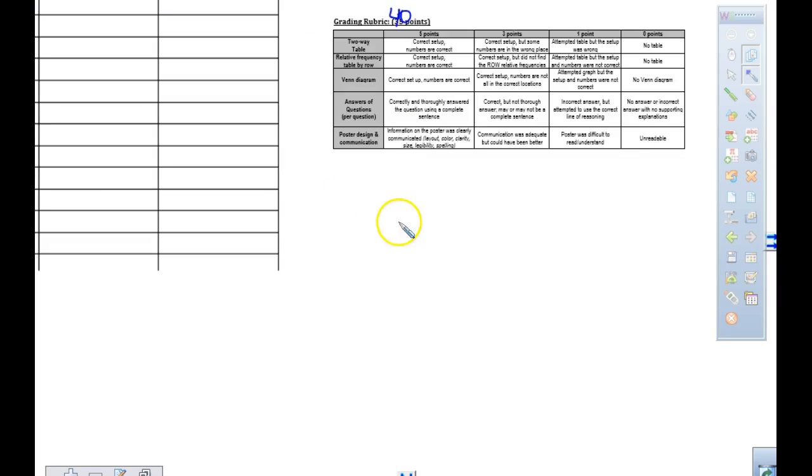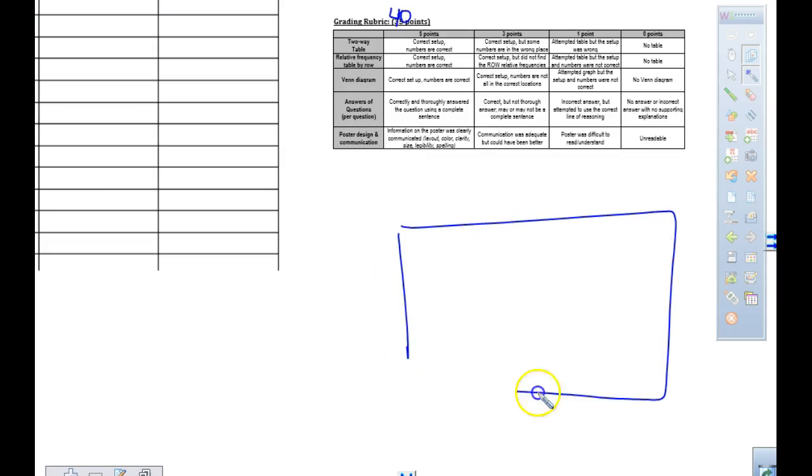Your poster design says the information is clearly communicated. When I talk about your poster, I'm going to kind of give you an idea on that piece of paper that tomorrow I'll have up, but on that piece of copy paper, you're going to have your 2 questions. You're going to maybe say, is there a relationship between orchestra and foreign language? That would be my question up at the top.